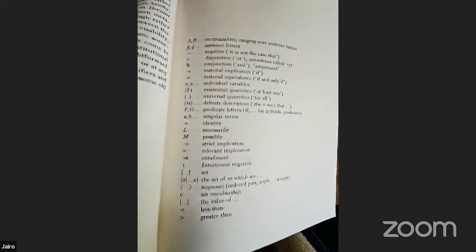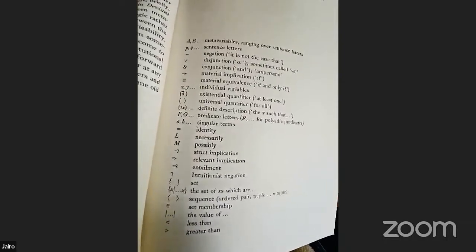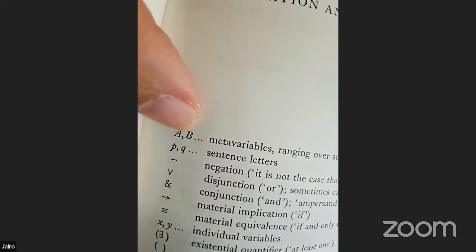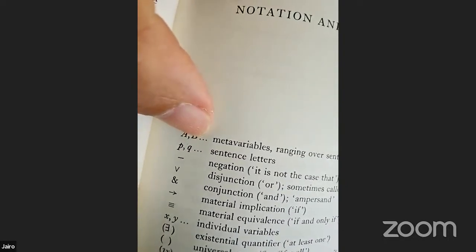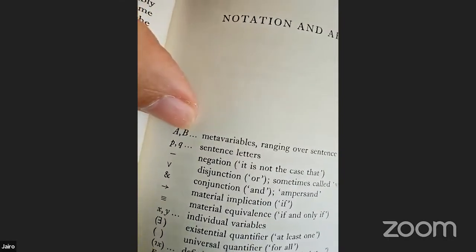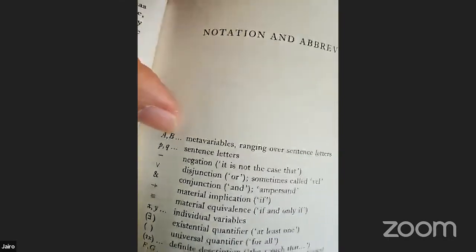Let's see. Flip the camera and we get these. For example, A, comma, B, dot, dot, dot. I guess that's in capital letters.